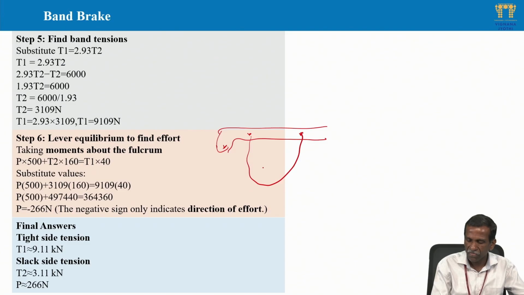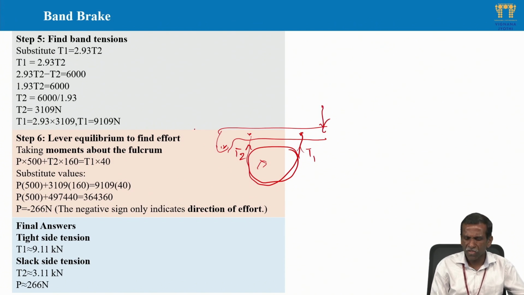This is the fulcrum and this is the drum rotating, let us say clockwise. Then this is T1, this is T2. Now see moments about fulcrum: P into 500, and T2 into 160, and T1 into 40. Here T2 is mentioned as 160.